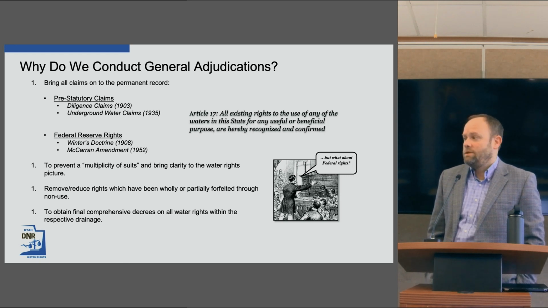What normally happens is there's a lot of negotiation between the three sovereigns involved in this: the United States, the Indian tribe, and the state of Utah. It's a starting point, and then we work from there to arrive at a number.